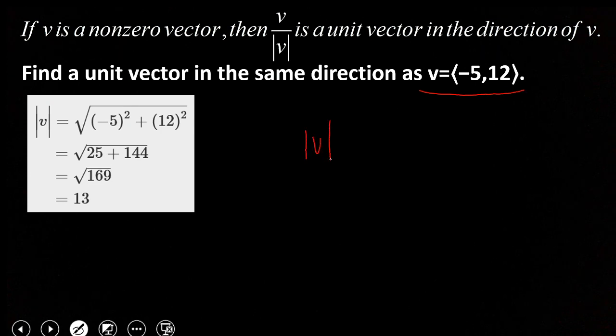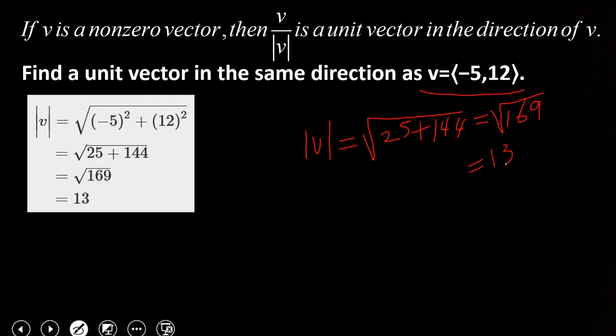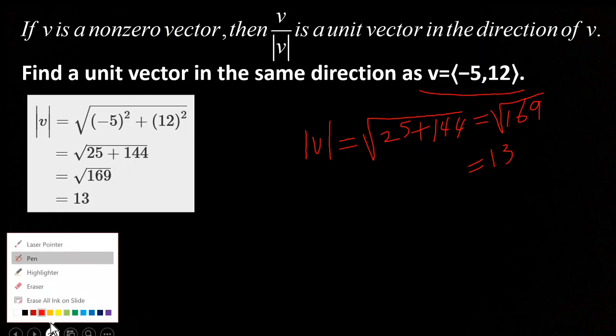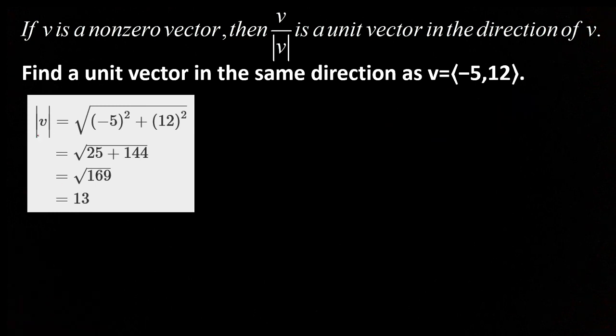Because the absolute value of v is the square root of negative 5 squared plus 12 squared, which is 144. So that's actually the square root of 169, which is 13. So the magnitude is obviously not 1. But can we make the magnitude 1? And the answer is yes, easily. All we have to do is divide by its own magnitude.